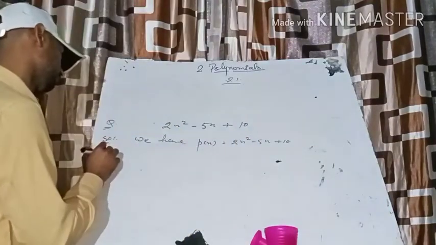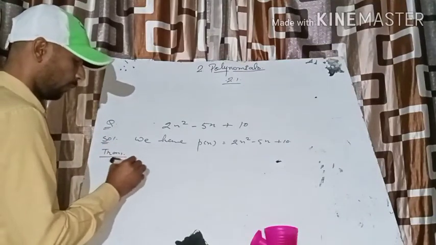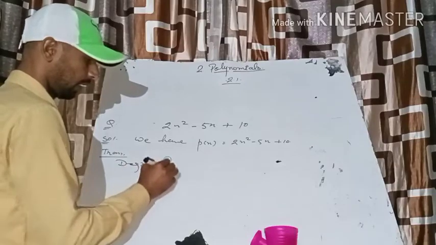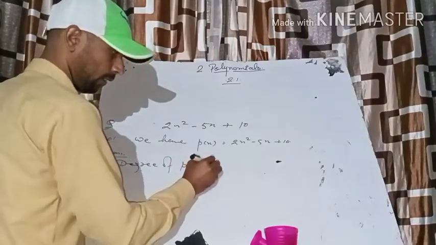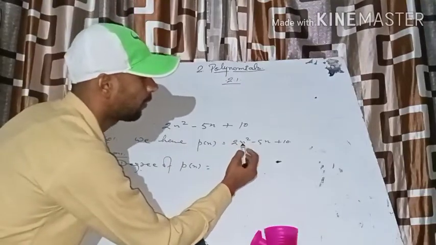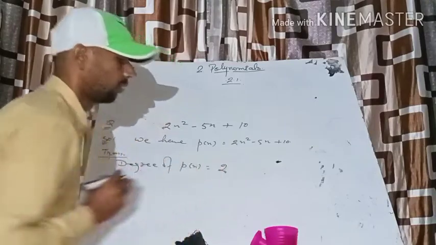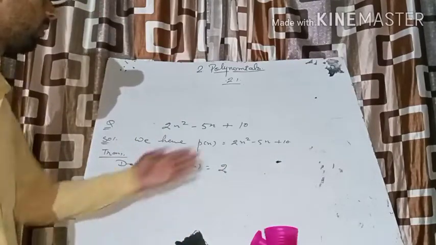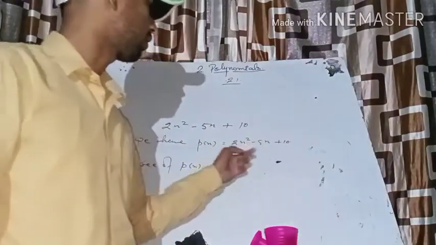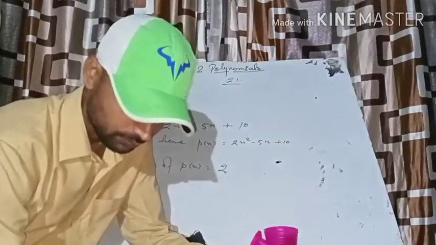Then the degree of polynomial is what? What is the maximum, highest power of this algebraic expression? 2. So you can write down 2. Because the highest power of this algebraic expression is 2. So 2 is the degree of that polynomial.